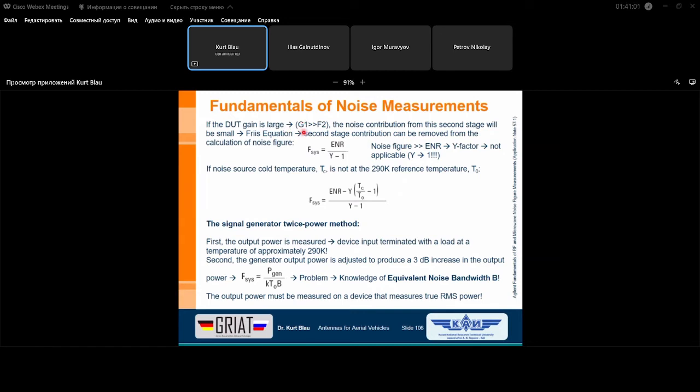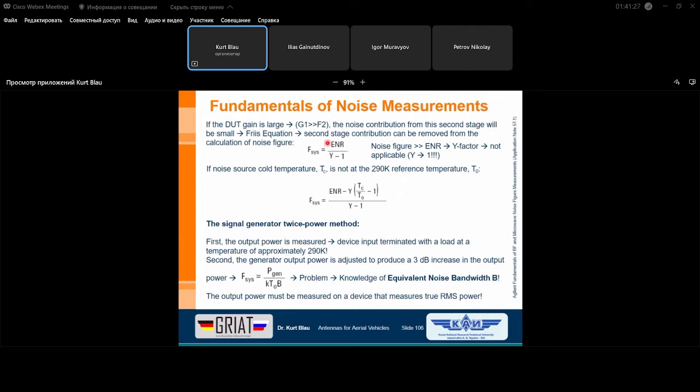And again, the overall noise figure measured with the help of this Y factor is now expressed by this formula. Means we can neglect, under these conditions, the noise behavior of the other stages coming after the first stage.